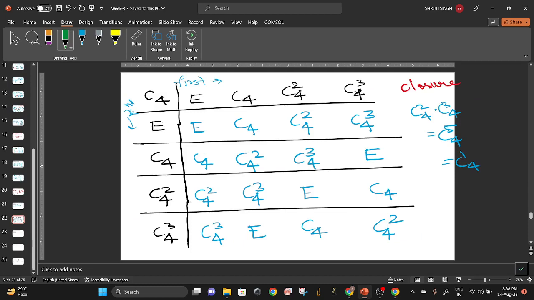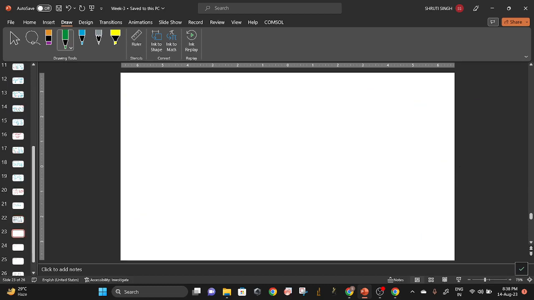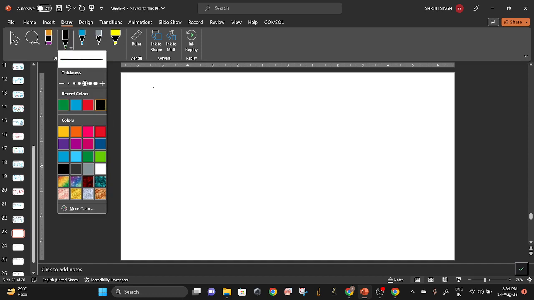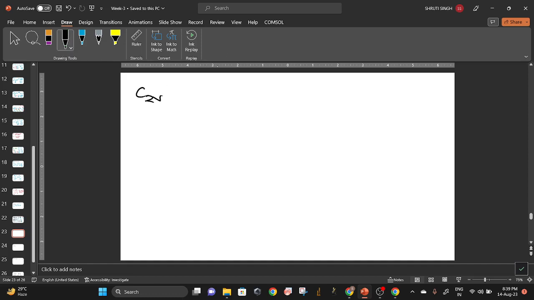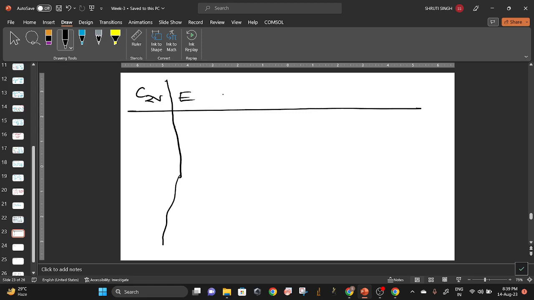Okay, now can we do this multiplication table for C2v also? Now C2v: E. What are the other elements? Let this be molecular plane. Okay, this one I am writing as molecular plane.